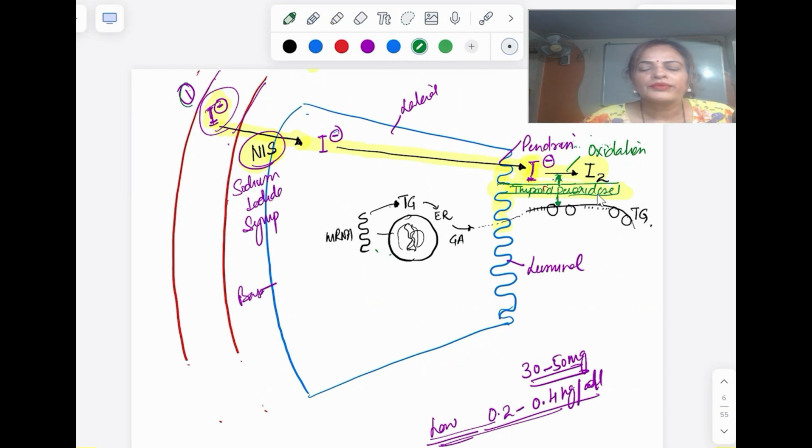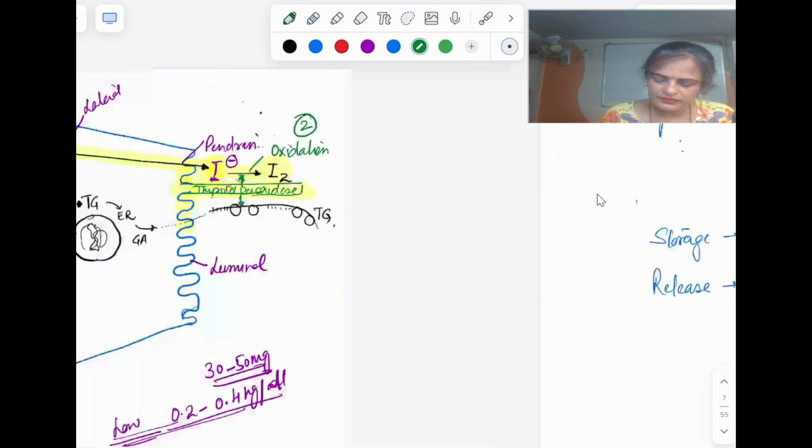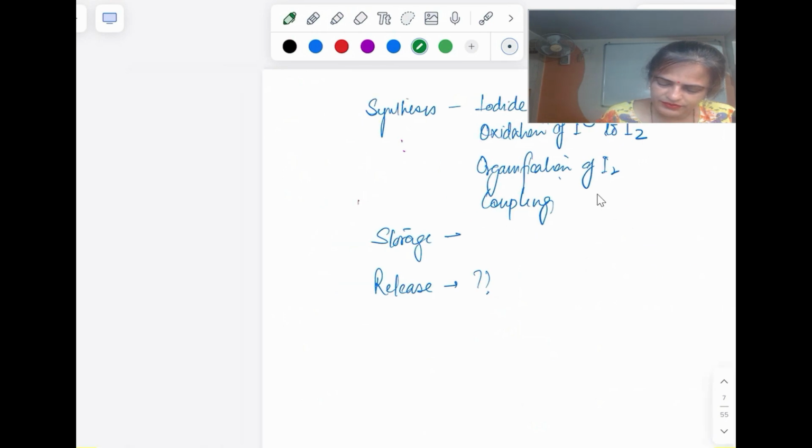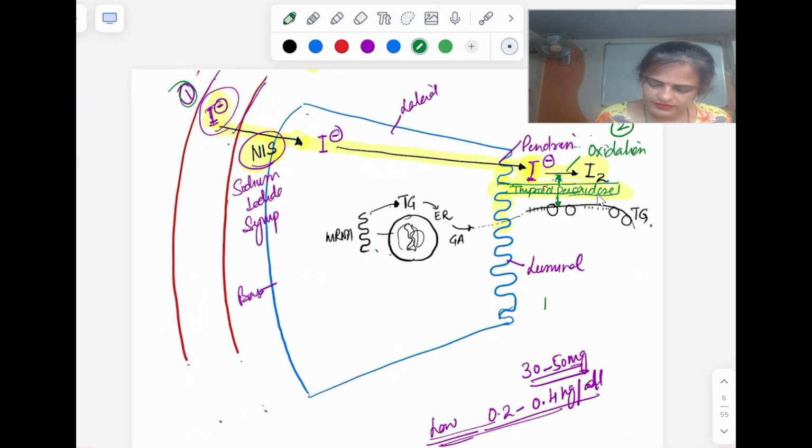Now the third step is, this iodine is an inorganic ion, and it gets organified. Organification needs what? It gets organified with the tyrosine. Now from where is this tyrosine going to come? This tyrosine, no doubt, is an amino acid.